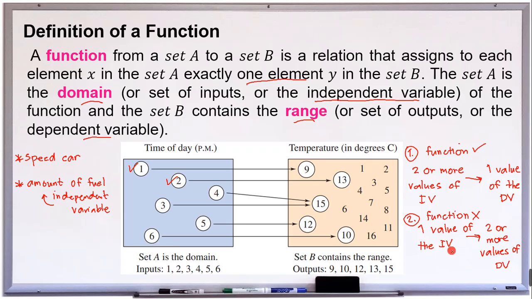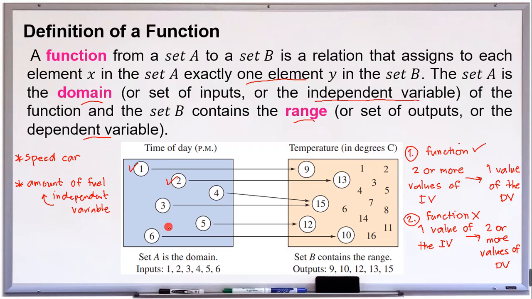If we relate this to our second example of the time of the day versus the temperature, for a given time, let's say at 6 p.m., it is impossible to register two temperature readings, because that is not acceptable. In the laws of physics or in thermodynamics, you only have one temperature reading for a particular period of time.